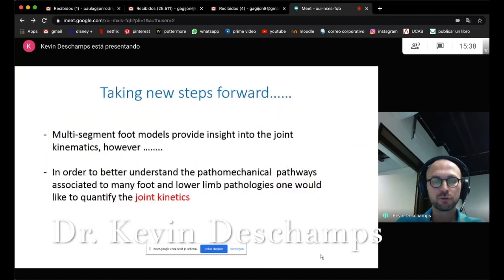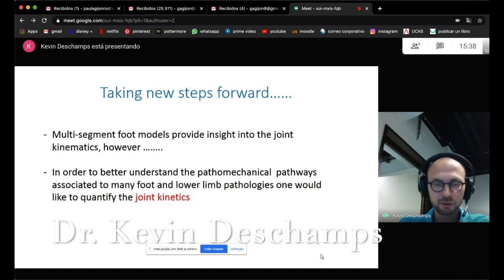So our purpose, more than 10 years ago now, was this: if we are able to analyze the kinematic behavior of the foot over a number of foot segments, well, this is only a first step, because in our pathomechanical reasoning, we are much more interested to analyze the kinetic behavior of the foot segments.